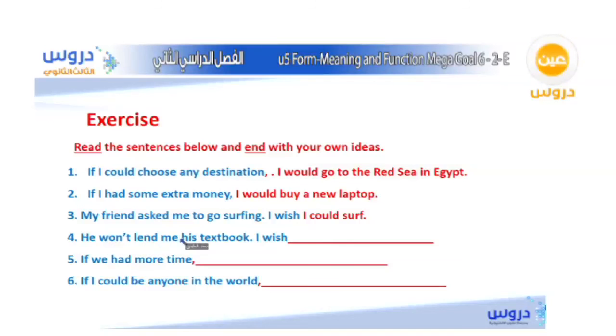Number 4. He won't lend me his textbook. I wish he would lend me his textbook. So I wish what? He says he won't lend me. I wish him to do this. I wish he would lend me his textbook.